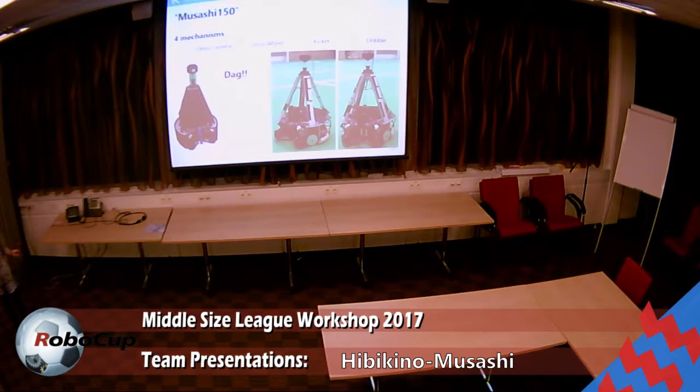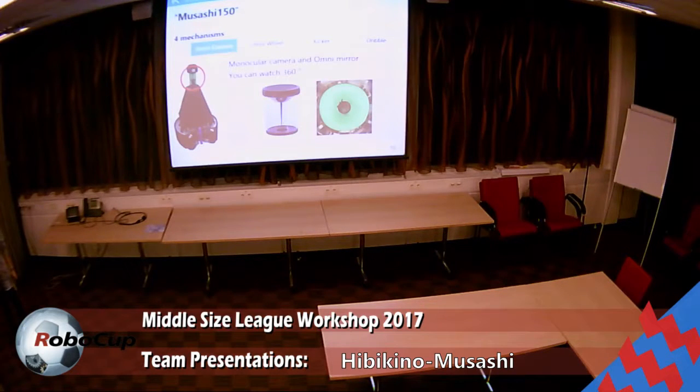The robots have 4 mechanisms: omni camera, omni wheels, kicker, and driver. With the omni camera, they can watch 360 degrees with a camera and omni mirrors.